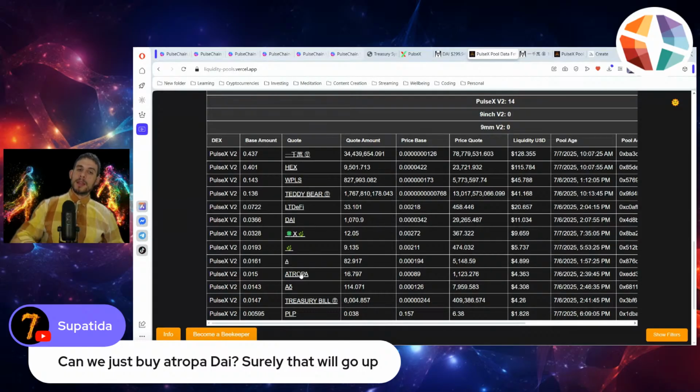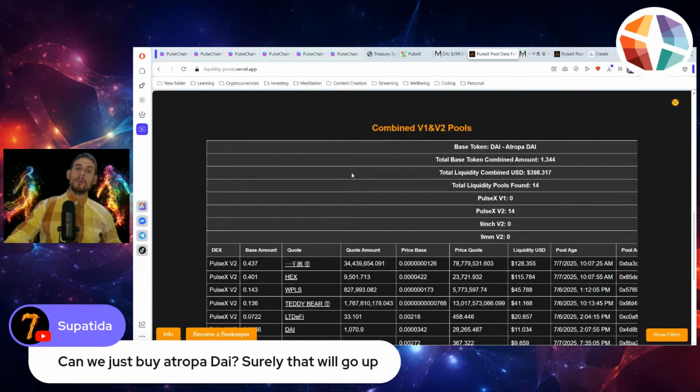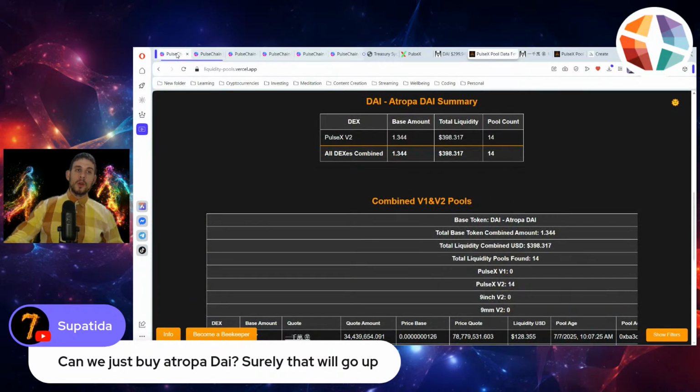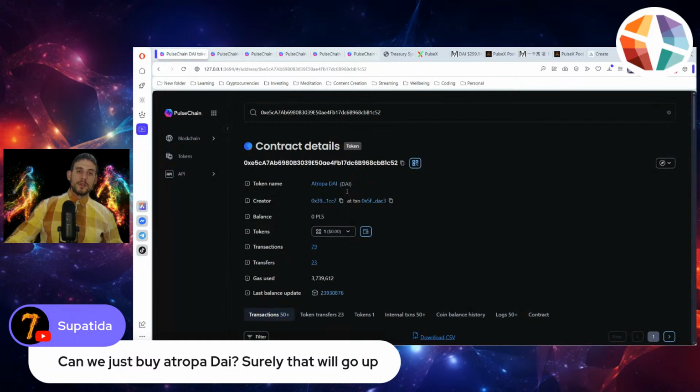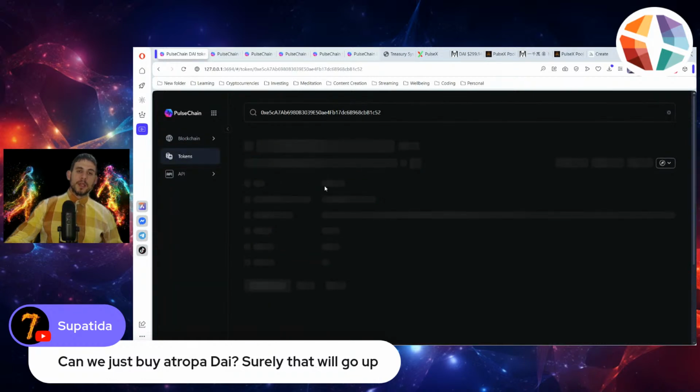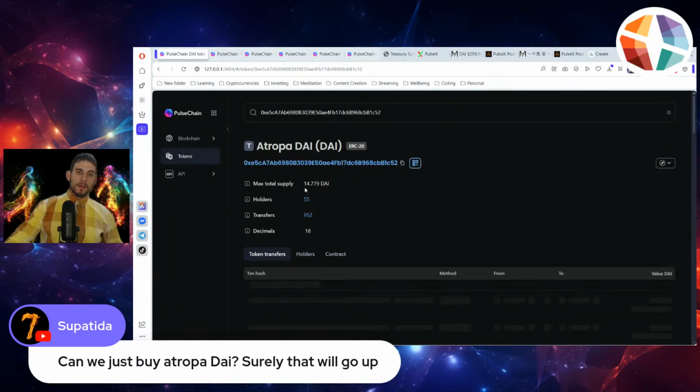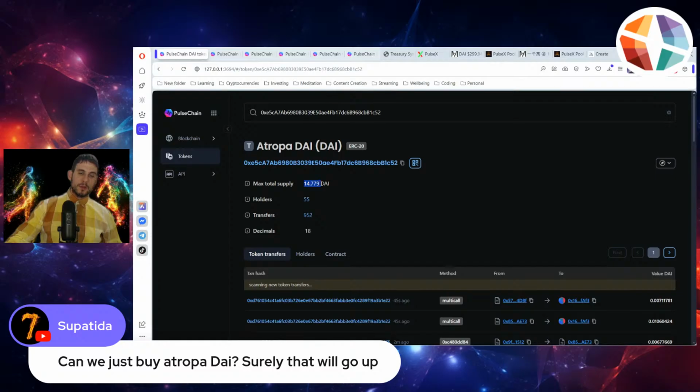When I'm talking about these tokens, it doesn't necessarily mean to go out and buy it. You can, of course, go and buy it, but you have to consider what buying it actually means. So, for example, this is the Atropa DAI. There's only 14.779 tokens in circulation, and there's 55 holders.